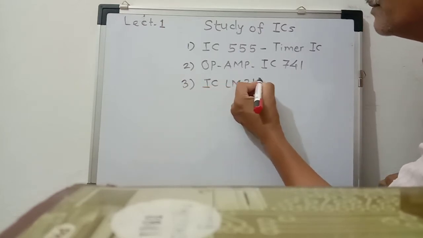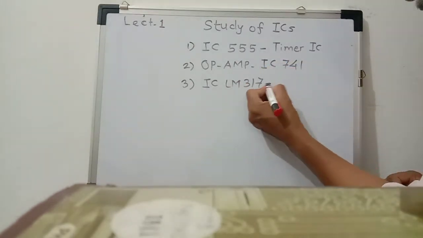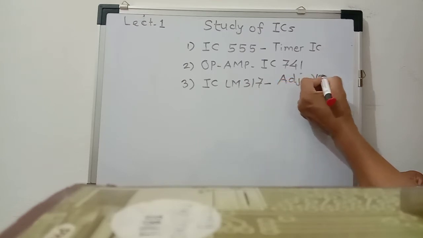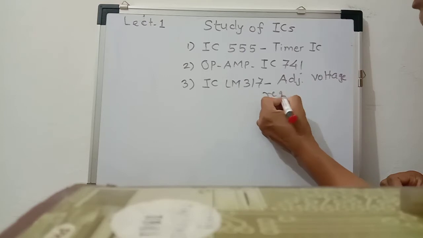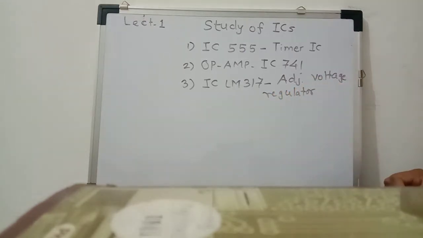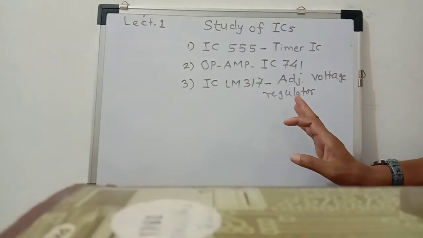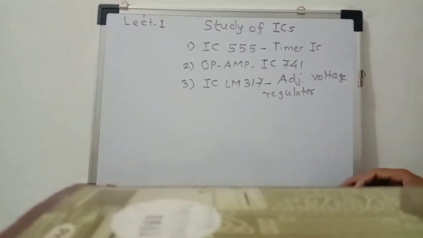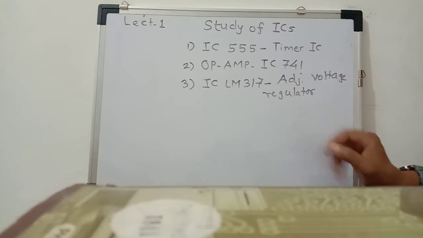It is an adjustable voltage regulator. We can adjust the regulated output voltage from 1.25 volt to 37 volt DC.